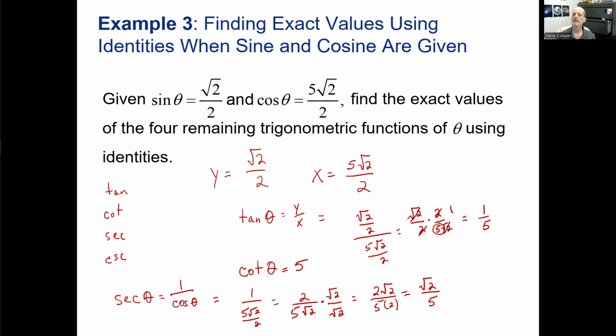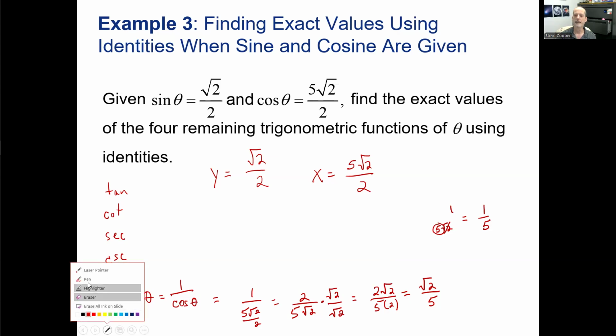Okay, so I'm hurting for a little room here. For the last one, we'll do away with the tangent and the cotangent. All right, so now I need to find the last one, the cosecant, and that's 1 over the sine.